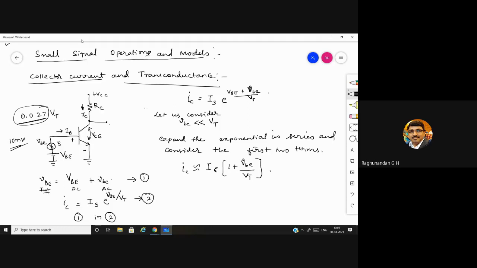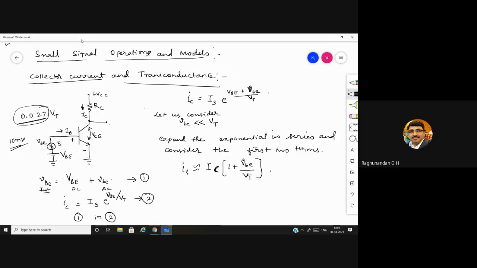This is the equation we write for the collector current, and this is capital C and this is also capital C. You should remember this step, no need of expanding and writing it each time.